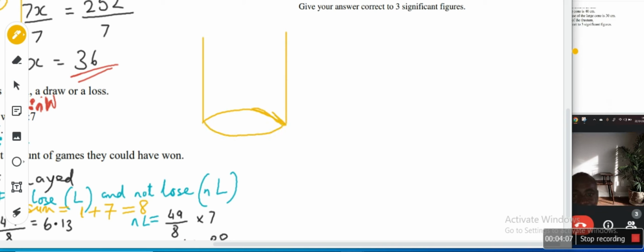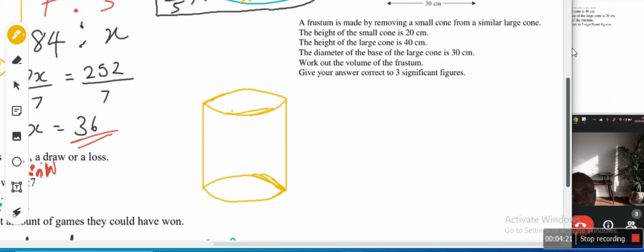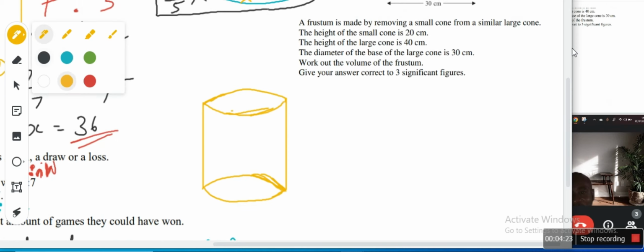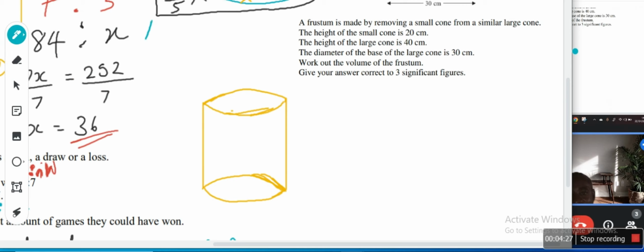A cylinder is actually an example of a prism. I hope you know what a prism is, by the way. I know what it is, but I don't know how to explain it. A prism is a solid with a uniform cross-sectional area.